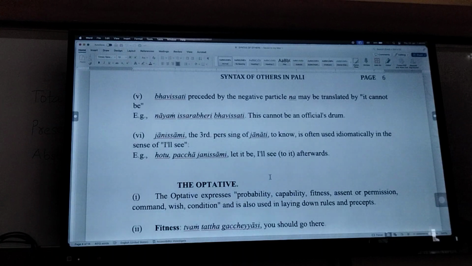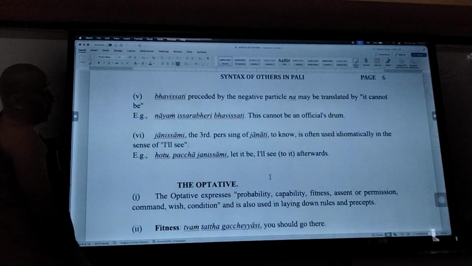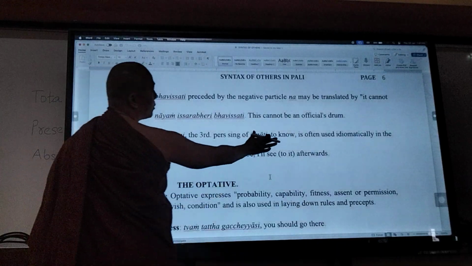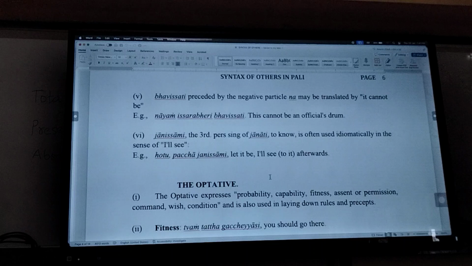And now the last item: the future tense of "Janati", first person singular "Janissami". It is often used idiomatically in the sense of "I will see".